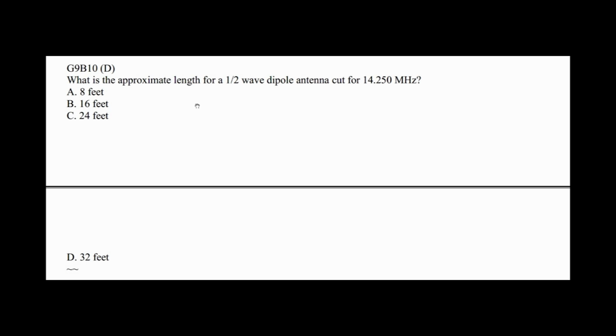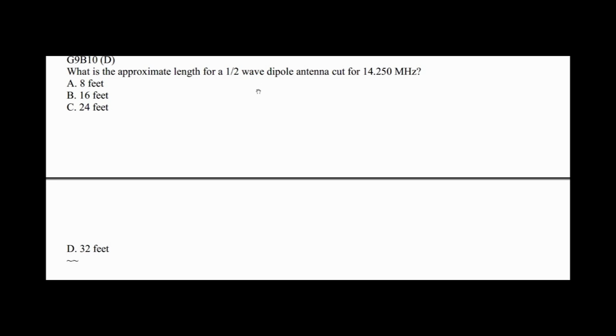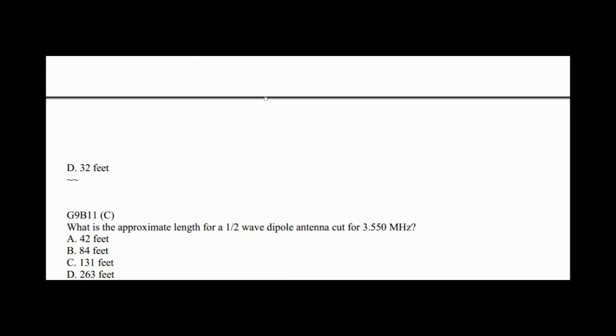One side is 234 divided by 14.250. If you do that math, the answer for one side is 16 feet. We're talking about both sides in the question, so it's D, 32 feet.